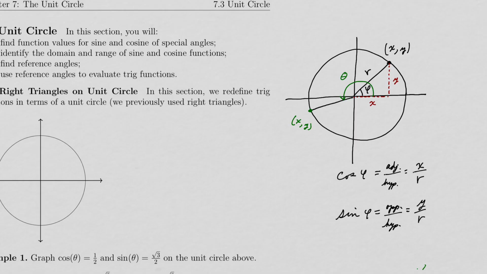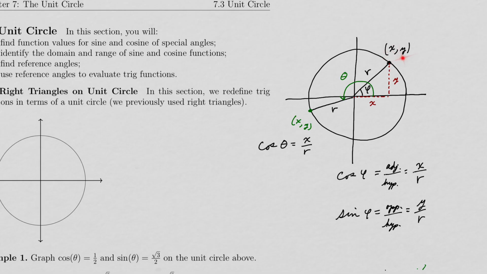They're going to both be negative, because they happen to be in the third quadrant. But by definition, the cosine of the angle theta is still defined as x over r, where again, this radius is r. The r is always positive, because this is just the distance from the origin out to the circle.